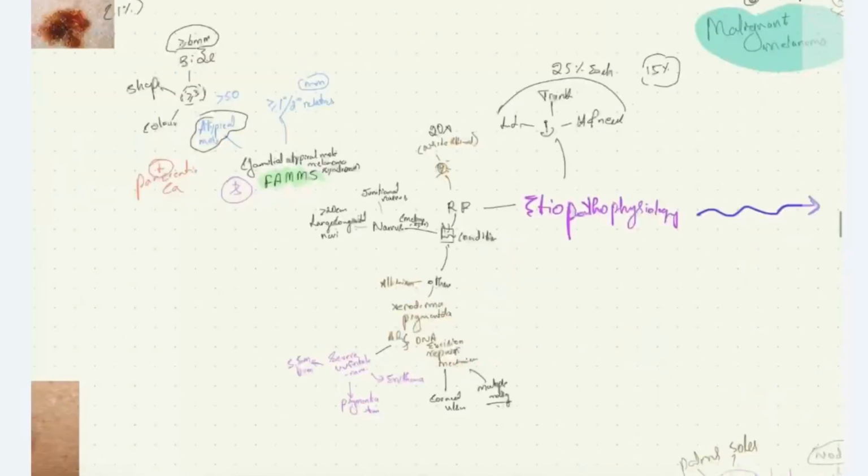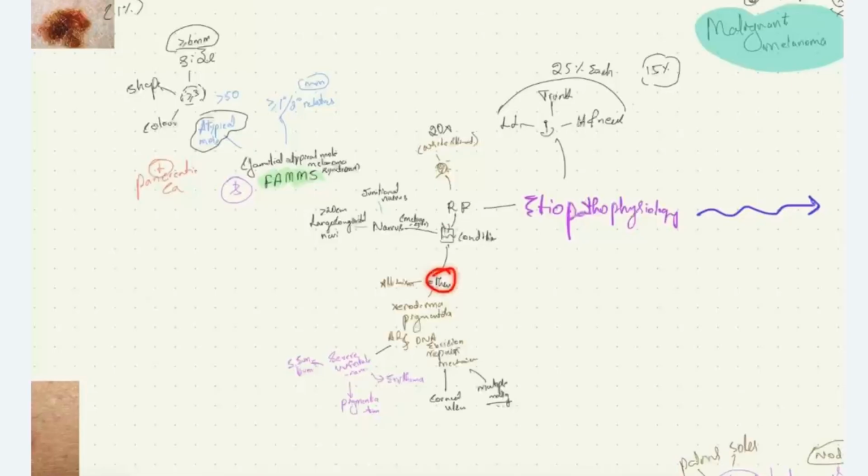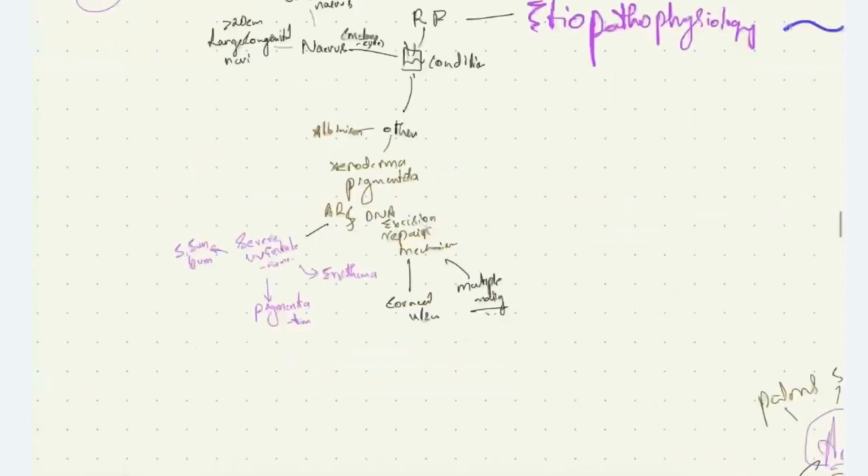Now we discussed the skin conditions associated with melanocytes, which are risk factors of malignant melanoma. What are the other skin conditions which are risk factors for developing malignant melanoma? Those are albinism and xeroderma pigmentosa. Xeroderma pigmentosa, albinism, we all know that there is depigmentation in the skin.